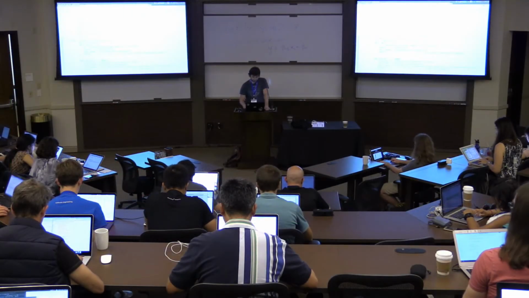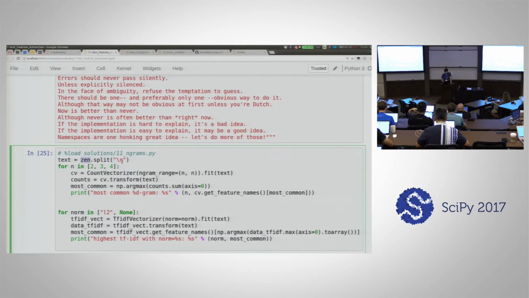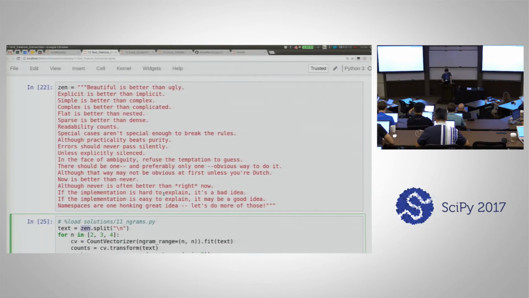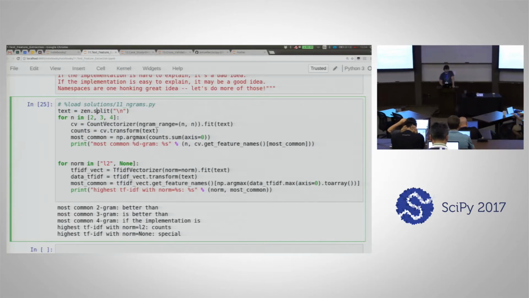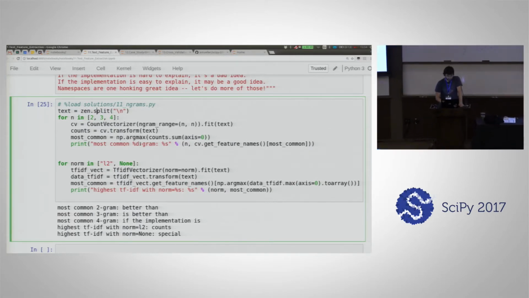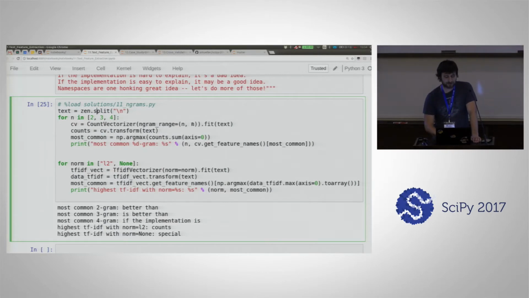All right, let's have a quick look at the solution. Here we're splitting the Zen by new lines. And then for bigrams, trigrams, and fourgrams, we look at what's the most common n-gram. We create a CountVectorizer with ngram_range where minimum and maximum are the number. We transform it.